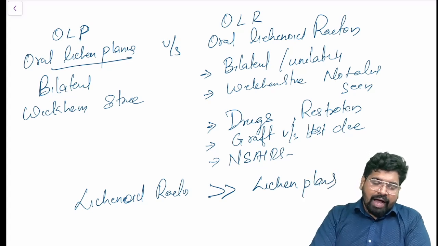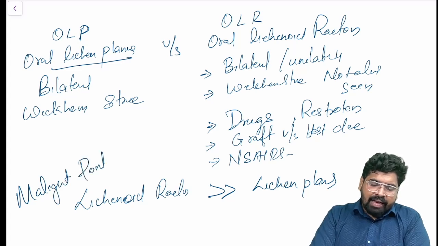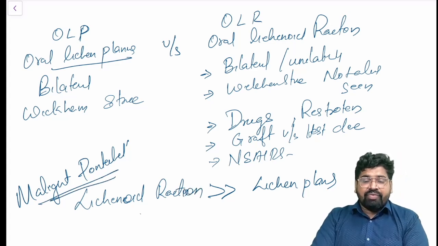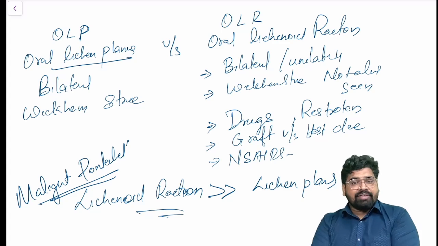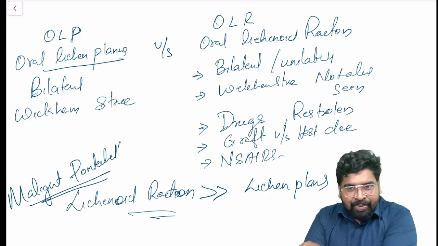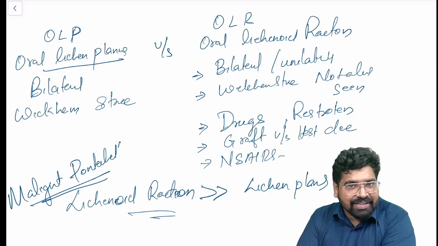The malignant potential in lichenoid reaction is far higher than lichen planus. So that is the danger part. That's why history taking should be proper, and you should differentiate between lichen planus and lichenoid reaction.